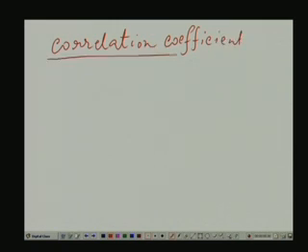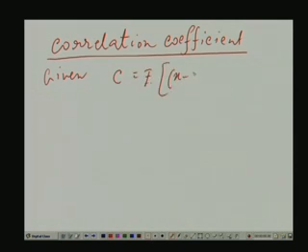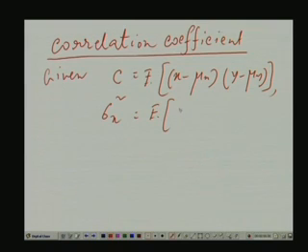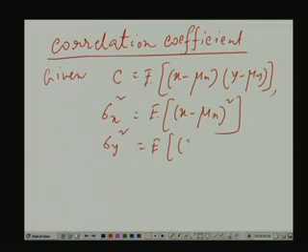We define something called the correlation coefficient. Also the variances are given.